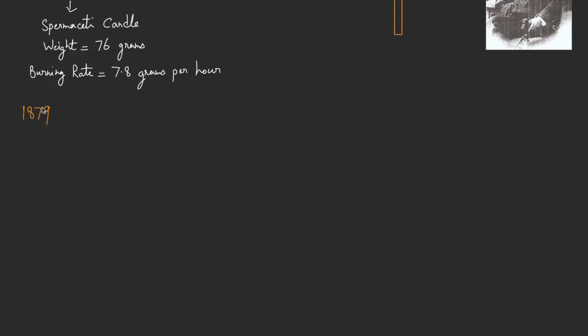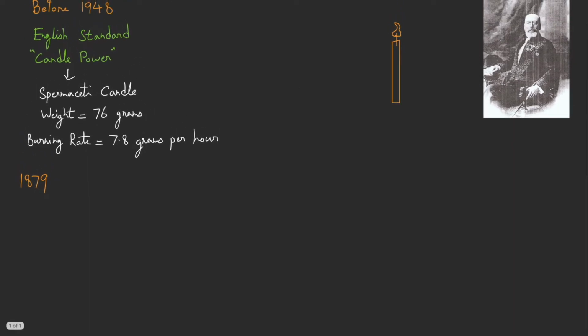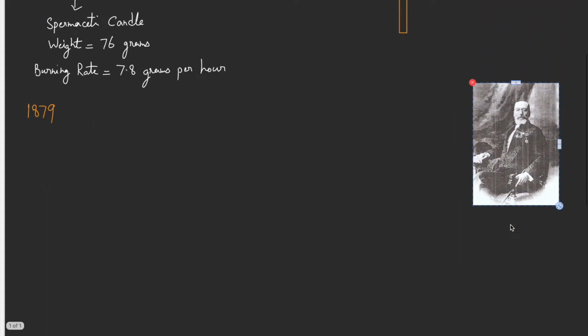The light emission was due to the Planck radiator, the black body effect. So who is this person? This is the person, Jules Violle, who proposed a new standard.